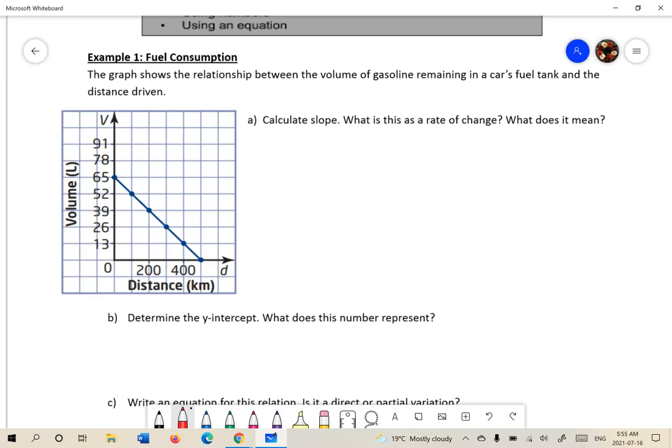I'm going to first pick 2 points. I'm going to pick 0, 65 and I'm going to pick 100, 239. I'm picking points that are on the grid lines that are easy for me to read. 0, 65 will be my x1, y1 point, and 100, 239 will be my x2, y2 point. I will write out the formula.